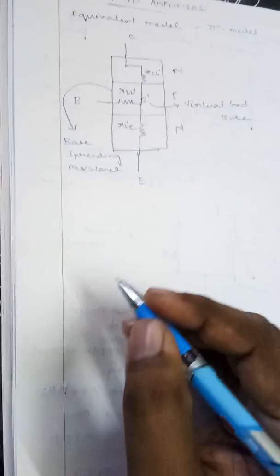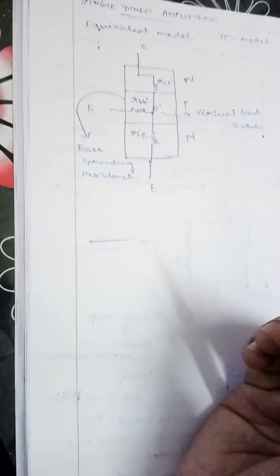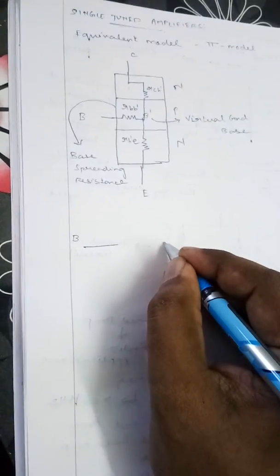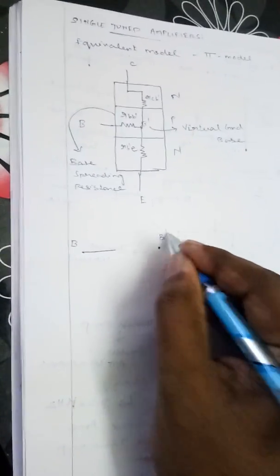Now, if I draw the same diagram, let me consider that I am having a base that is connected to the base terminal of a virtual ground.